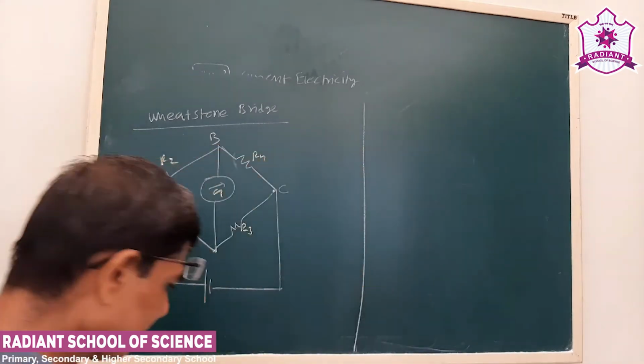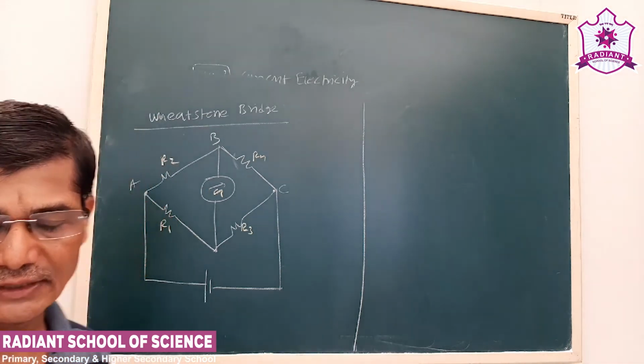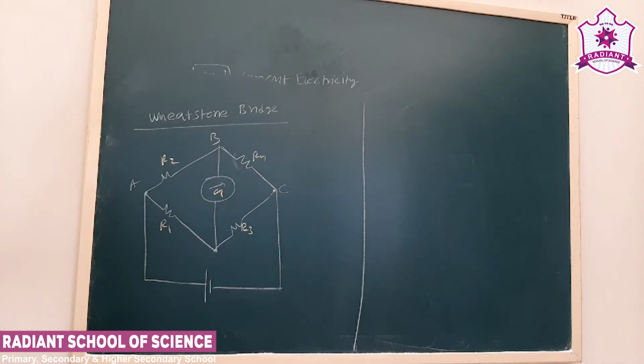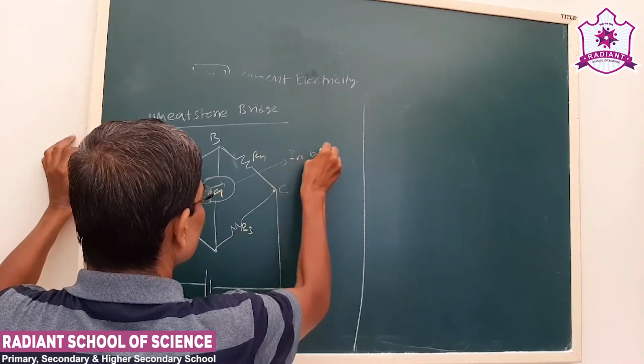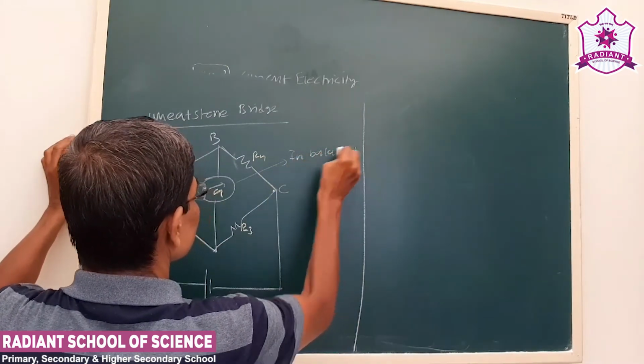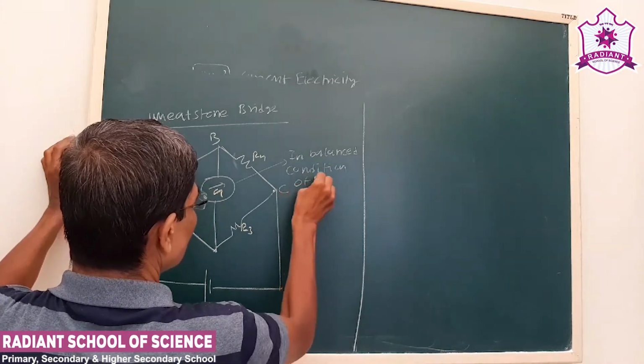Whenever the Wheatstone bridge is in the balanced condition, the current through the galvanometer is 0. The galvanometer is a current sensitive device. It is used to detect the current in the circuit. Now we have to derive the balance condition of the Wheatstone bridge.